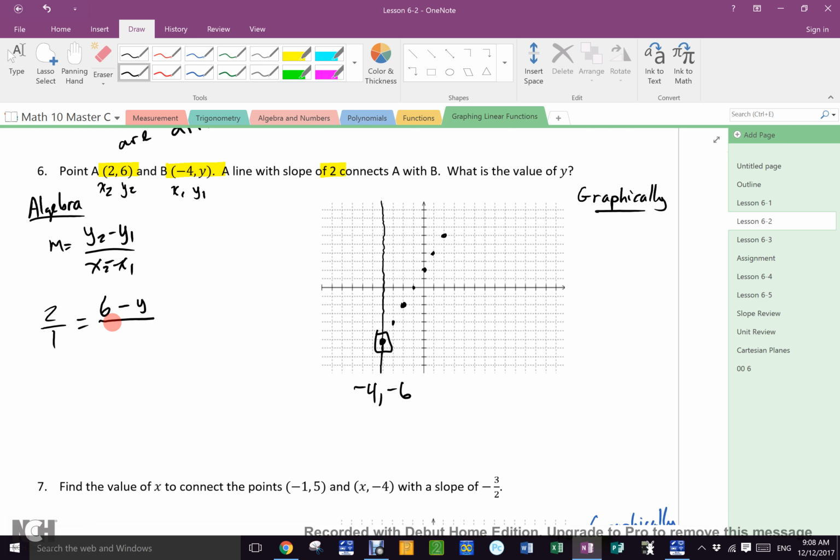Minus, what's x1? -4. So now I have that, correct? So let's tidy that up. 2 over 1 equals 6 minus y over, what's 2 minus -4? 6. Right? Now, all of you know how to solve this. What do you do whenever you have fraction equals fraction?